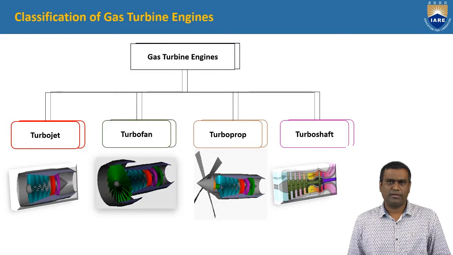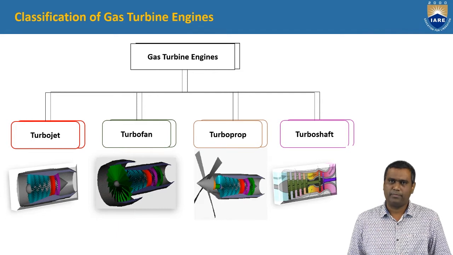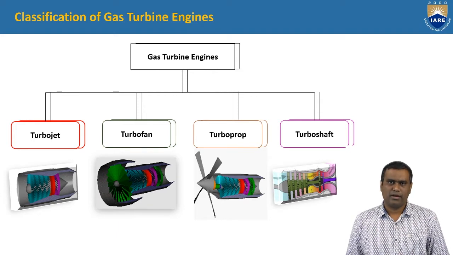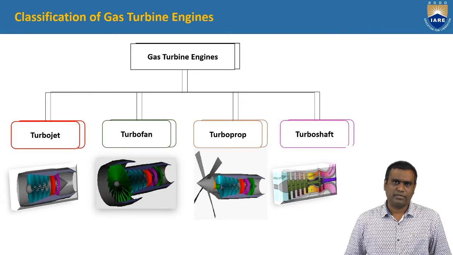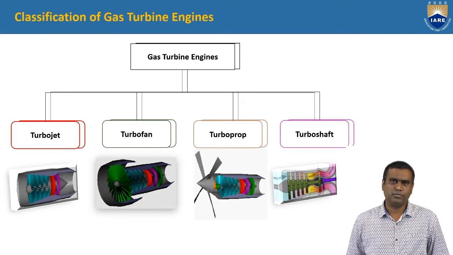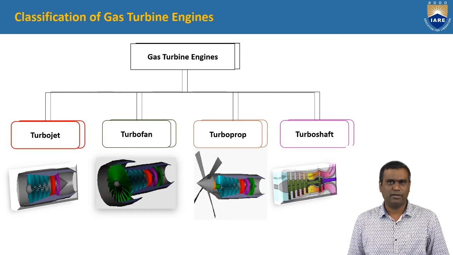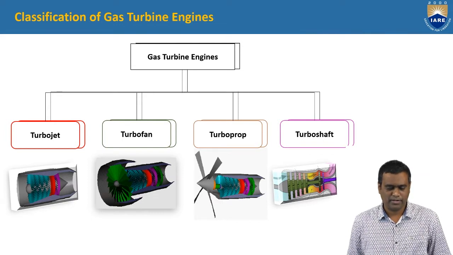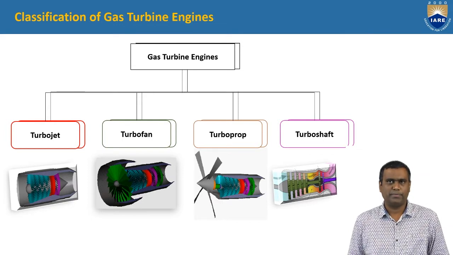Gas turbines are classified into many types based on their components like compressor and turbine, and based on the way the air is passing through the engine. Majorly, they are classified into these four types, that is turbojet, turbofan, turboprop engine, and turboshaft engine.